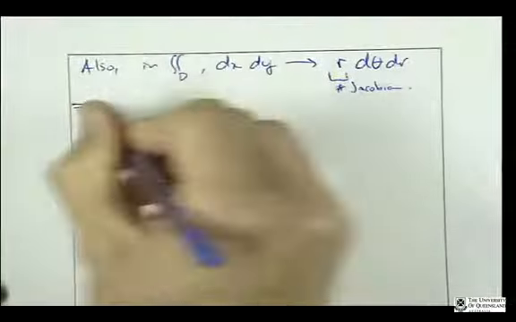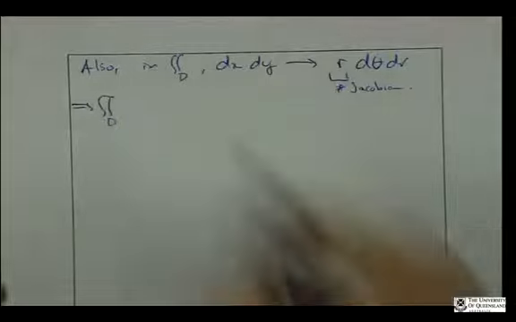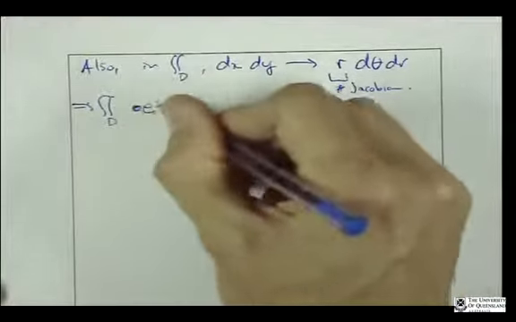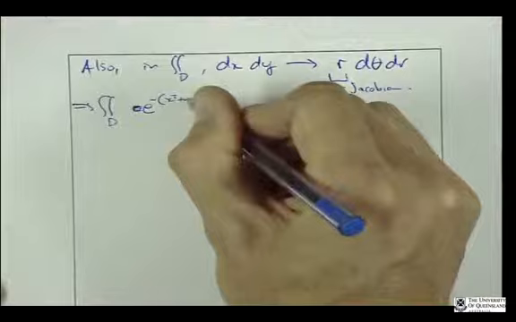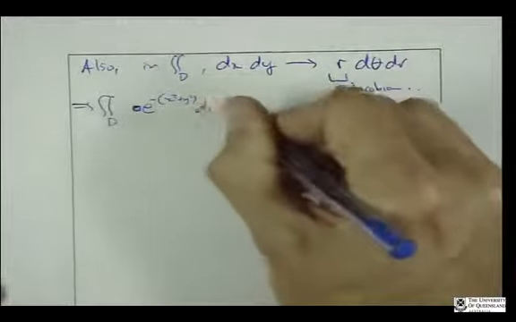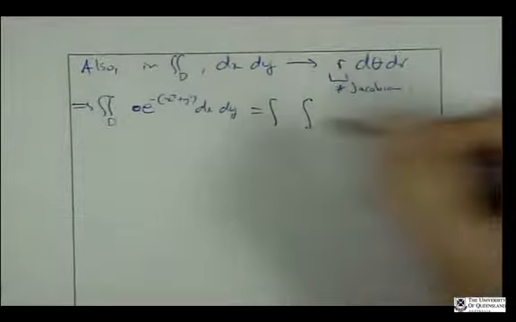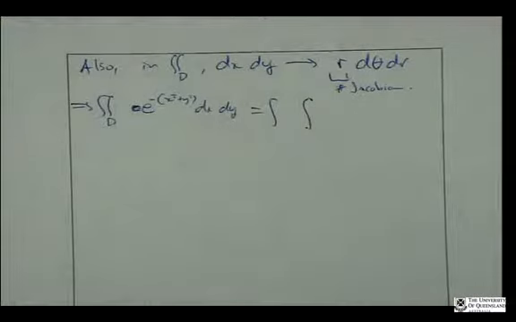That implies that the double integral of e to the negative x squared plus y squared, which was in terms of x and y, now becomes an iterated integral in terms of polar variables. I can read off the bounds from this expression I've got here.